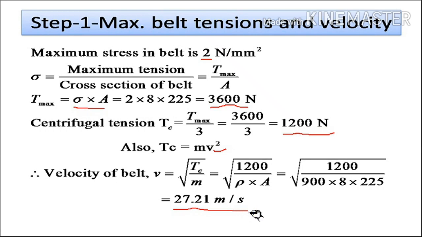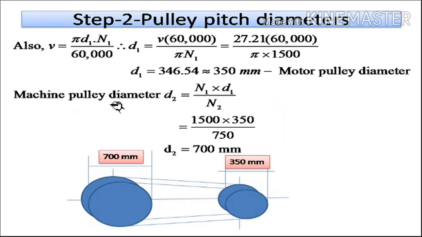Now once we get the velocity, we can find the diameter of the pulleys on the input side and the output side. So v is equal to pi into d1 into n1 by 60,000. From here we can get the value of d1, which is v multiplied by 60,000 divided by pi into n1, where n1 is the rpm of the input pulley.